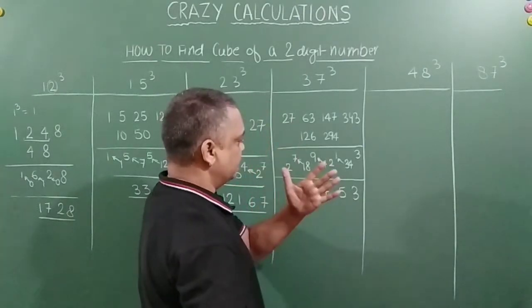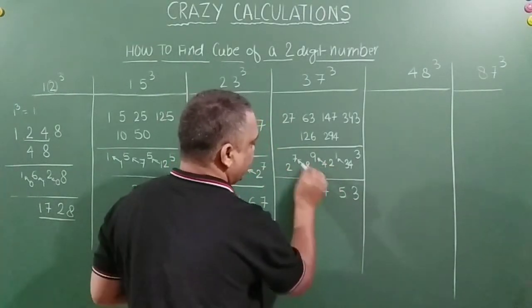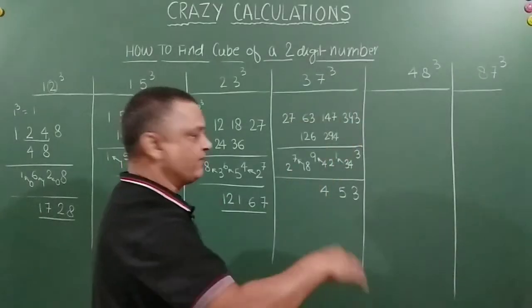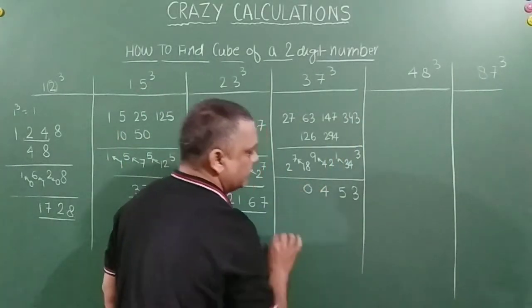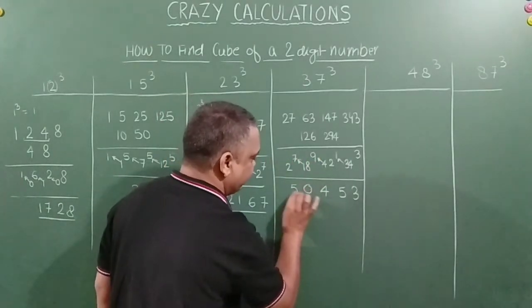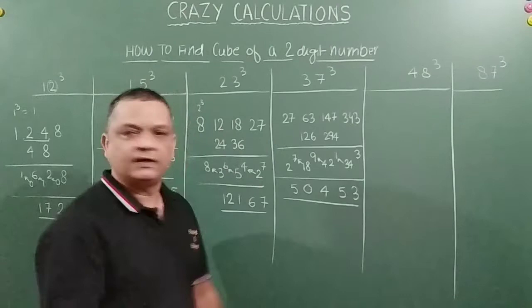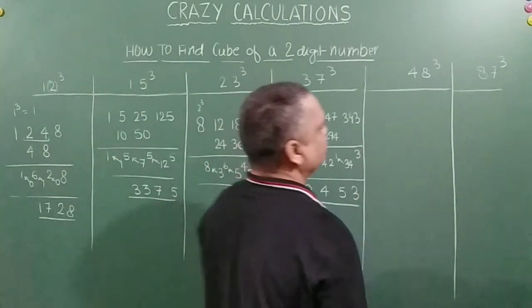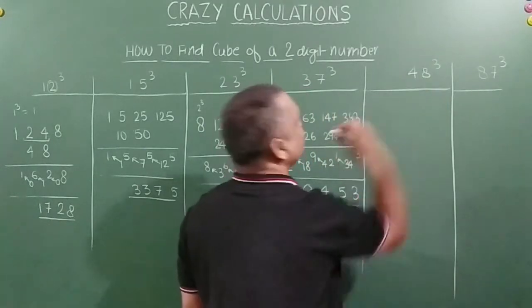Carry forward is 5 with me. 18 plus 7 is 25. Carry forward 5 becomes 30. Right? Carry forward again is 3 to me. 3 plus 2 is 5. This is the answer. Right? Okay. So one more example and then this example we will go a little fast.